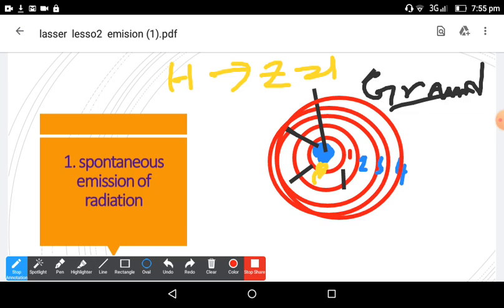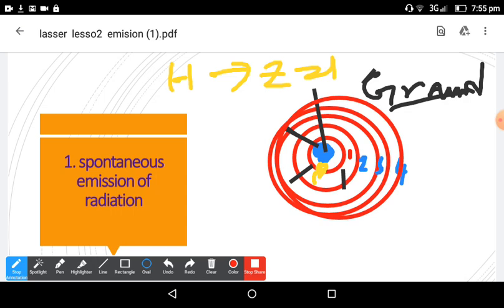Here, by absorbing an amount of external energy, electrons jump from ground level, that is the valence orbit, to higher energy level orbits. So we say that the atom is excited when an electron jumps from ground level to higher energy level by absorbing certain energy.